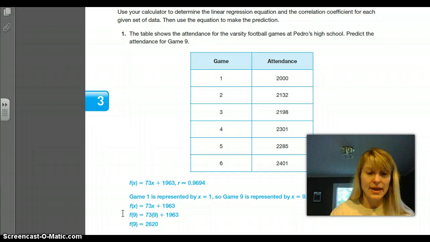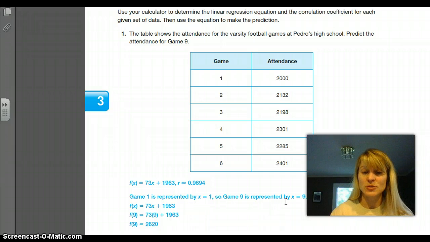And then you're going to create your equation, and it asks you to predict for game 9. So remember, this was in your x column, so 9 needs to go in for x. It said game 1 is represented by x equals 1, so game 9 should be represented by x equals 9. So we rewrite the equation out, we plug in 9 for your x, and therefore when we have game 9, we should have 2,620 people in attendance.